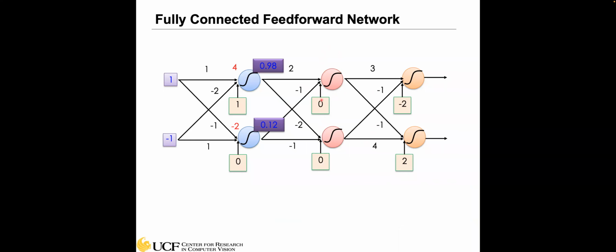This neuron also has a different set of weights and biases. We take the output of the previous neurons, the blue ones, as the input to the red neurons, and we repeat the process: weighted sum and go through the sigmoid activation function again to generate the output. Then we move forward to the next layer and do the same, and eventually we reach the end of the network. That's the final output of your feed-forward network.